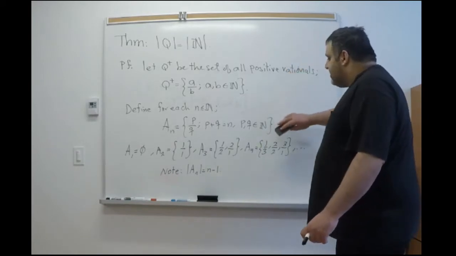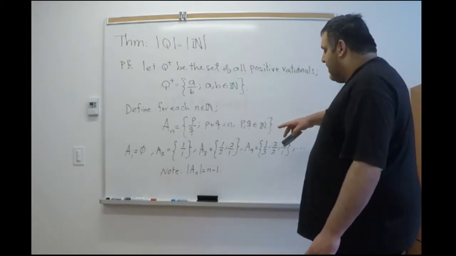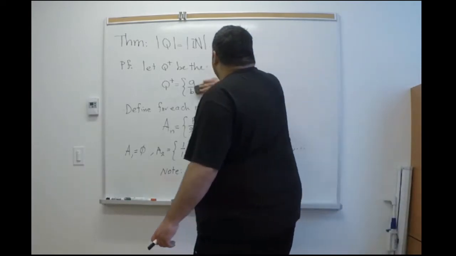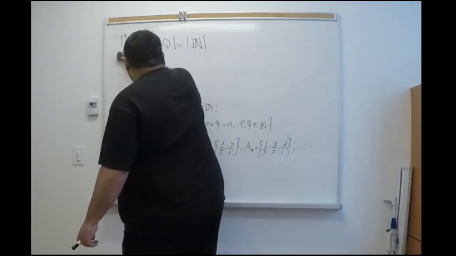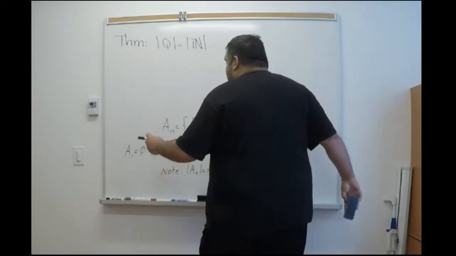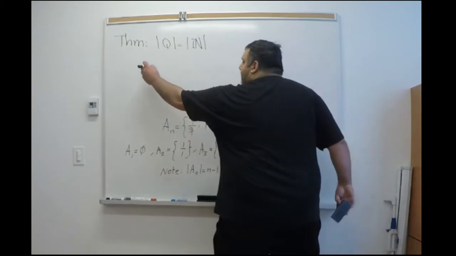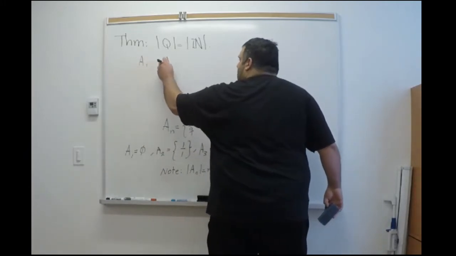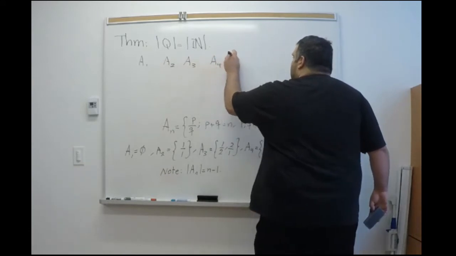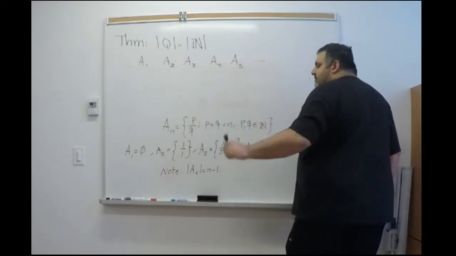Okay, so we have this list, A1, A2, A3, and A4. Now do the following. Look at this list that you have, A1, A2, A3, A4, A5, and so on.